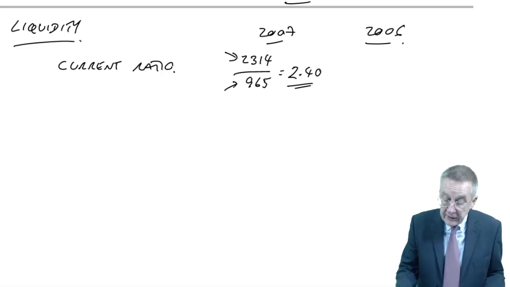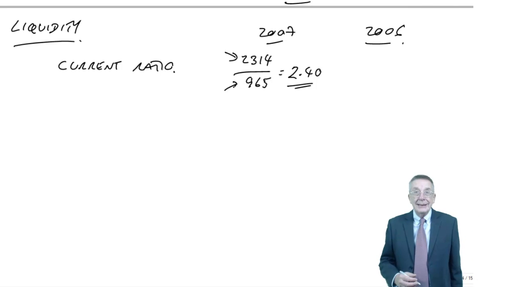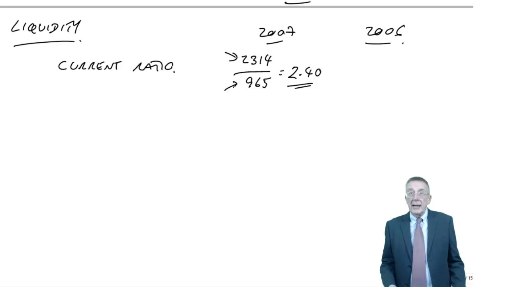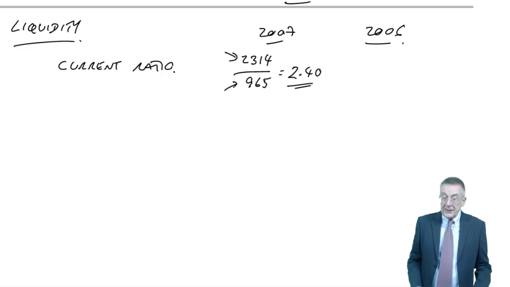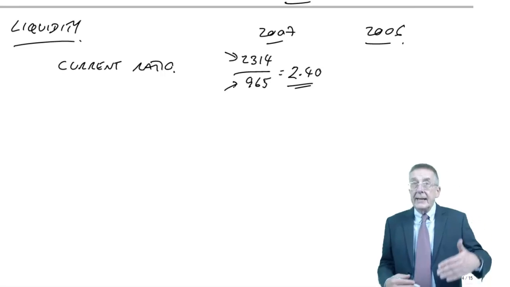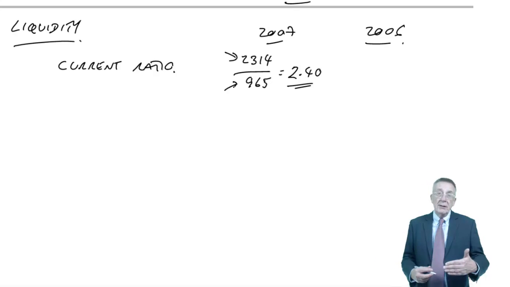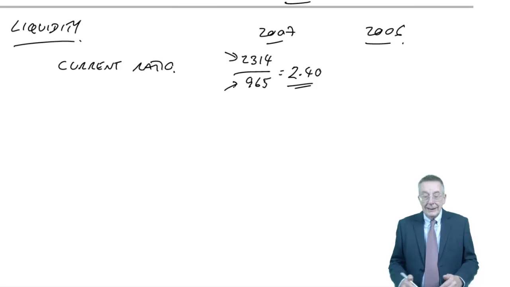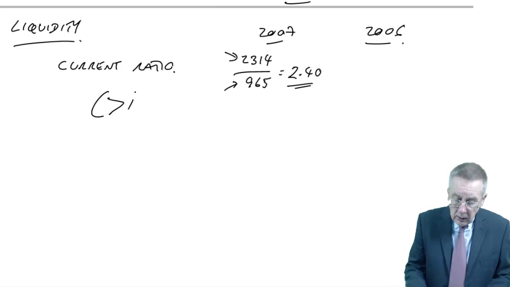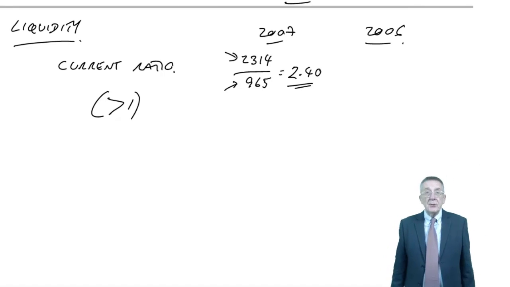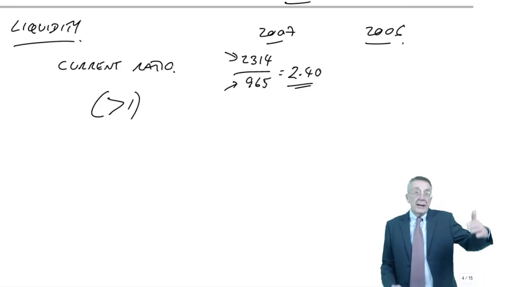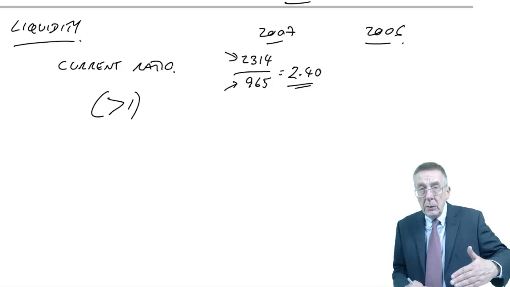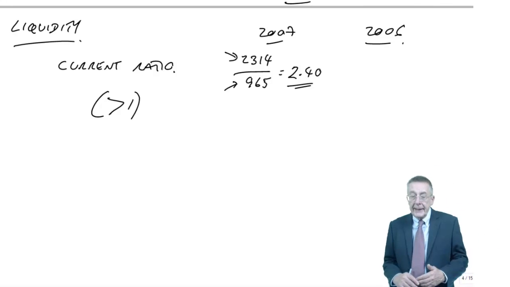In the short term, they're having to pay out 965. And so surely, if the company is going to be able to stay in business, we need the current assets to be greater than the current liabilities. We need this to be more than one. If ever it was less than one, we've got big problems. How are we going to pay our bills? Or even if it was starting to approach one, it would start to be worrying.